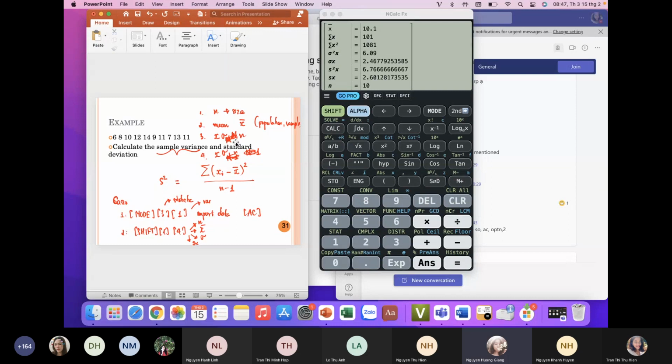Standard deviation của sample. Vâng ạ. Được chưa? Rồi ạ. Ok.